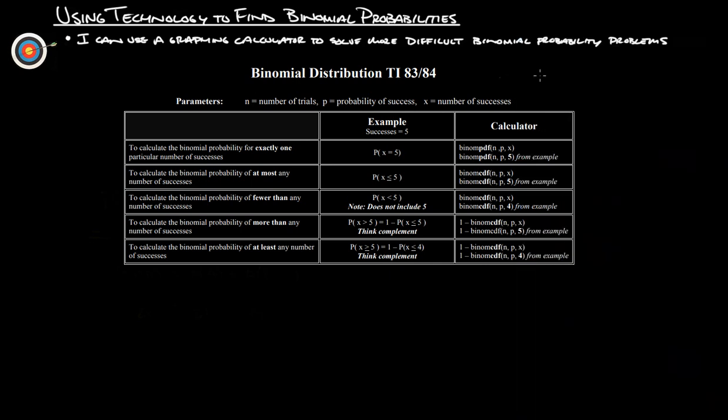What we're doing right now is this top one, to calculate the binomial probability for exactly one particular number of successes. Later on we're going to look at this to help us figure out how to do at most, fewer than, more than, or at least. We won't use every one of these, but this will help us through these problems.